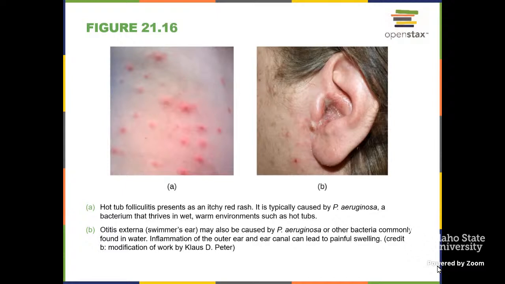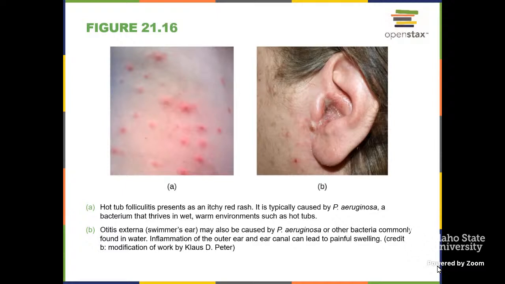It's an environmental bacterium and something that has the potential to cause some pretty big issues. Folliculitis, not something that's super severe, but there are definitely some other problems. Swimmer's ear, also something that could be hot tub worthy.